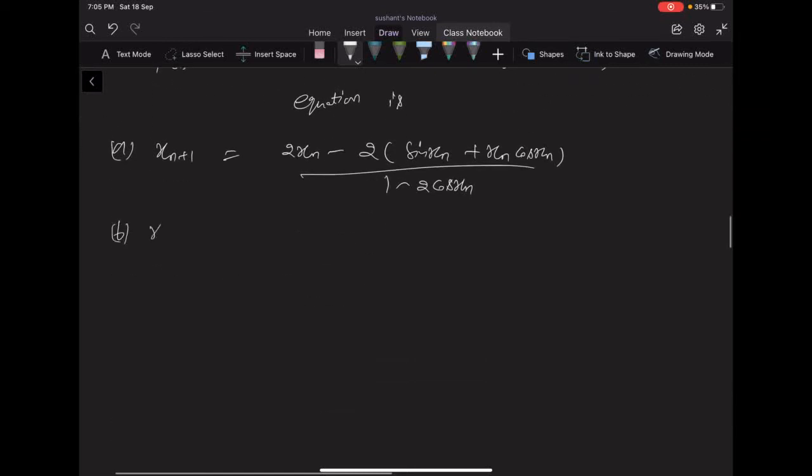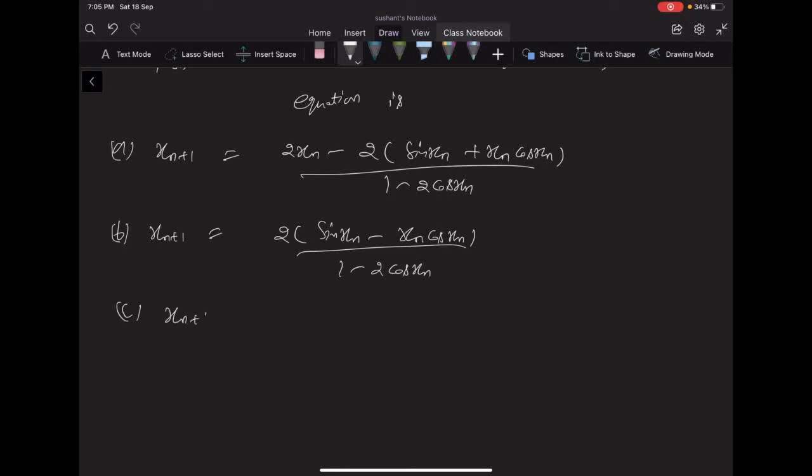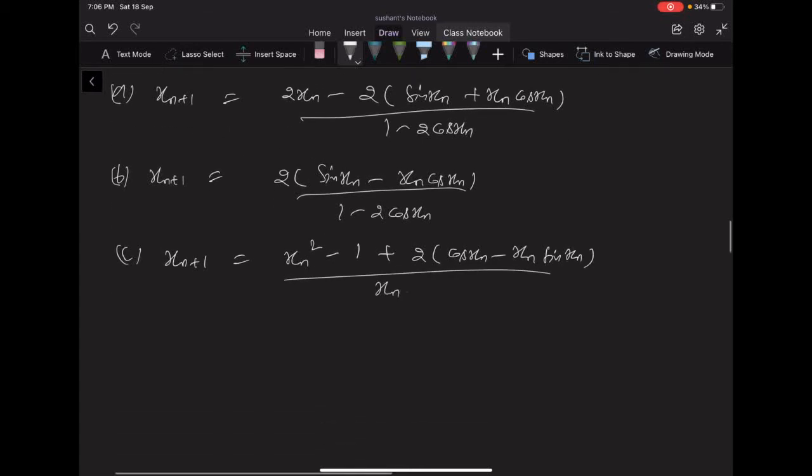B option is x(n+1) equals 2 sin xn minus xn cos xn upon 1 minus 2 cos xn. C option is x(n+1) equals xn square minus 1 plus 2 cos xn minus xn sin xn upon xn minus 2 sin xn.